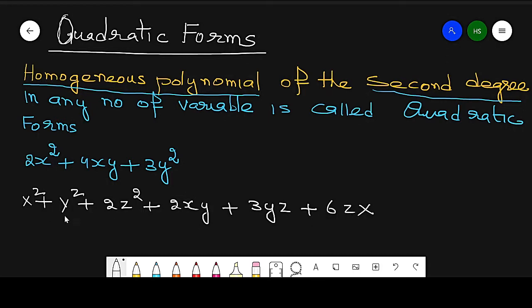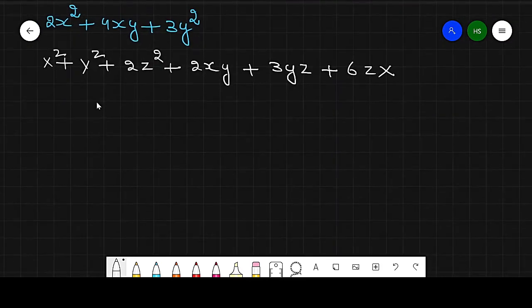So it is a homogeneous polynomial of degree 2 in variables x, y, z. So it is also called a quadratic form. Now this quadratic form can be written in a general way.